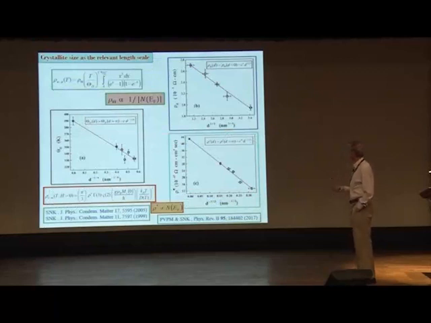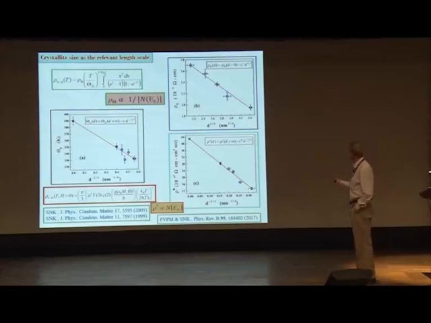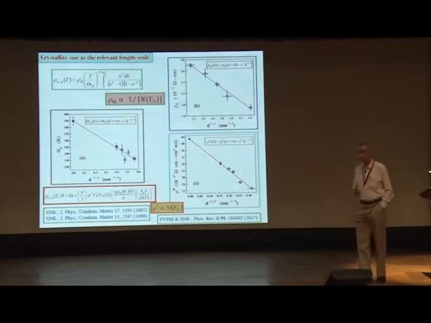So what we see now, with that last thing that I showed you, is that the Debye temperature, the electron-phonon coupling constant, and the electron-magnon coupling strength, that is the electron-magnon interaction strength, all go as some powers of the average crystallite size.